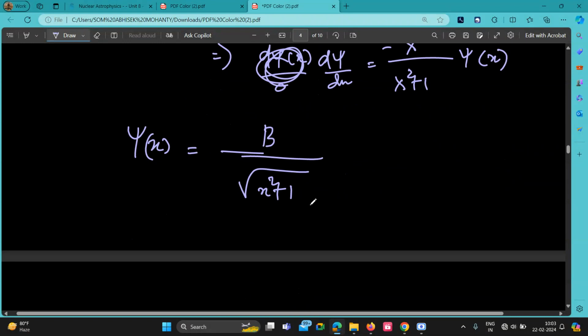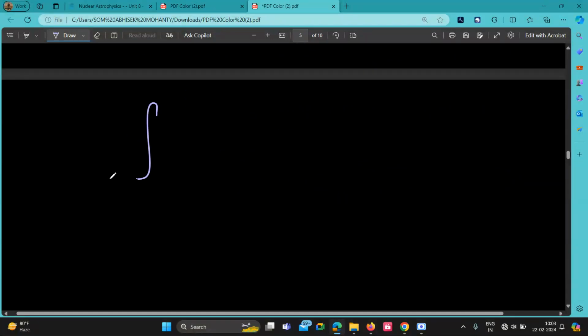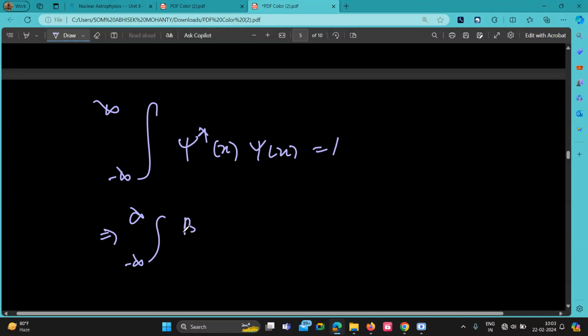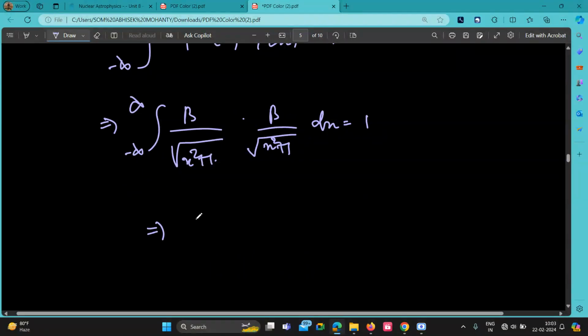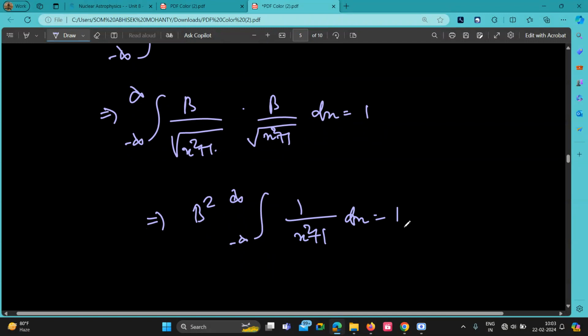So if we normalize it, that means what? Integration minus infinity to infinity psi star x psi x dx is equal to 1. So integration minus infinity to infinity b by root over (x square plus 1) into b by root over (x square plus 1) dx is equal to 1. So b square comes out, integration minus infinity to infinity 1 by (x square plus 1) dx is equal to 1.